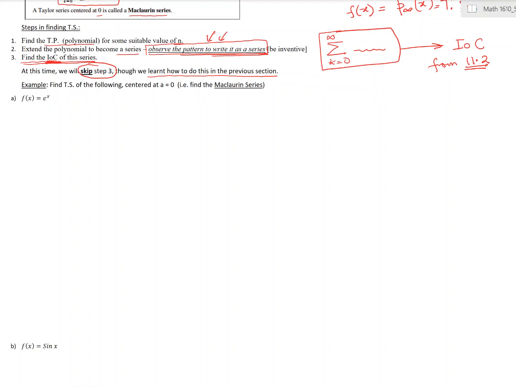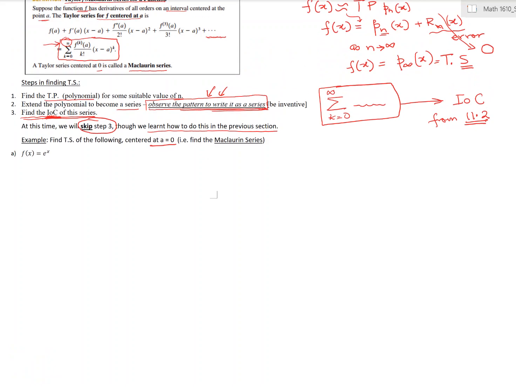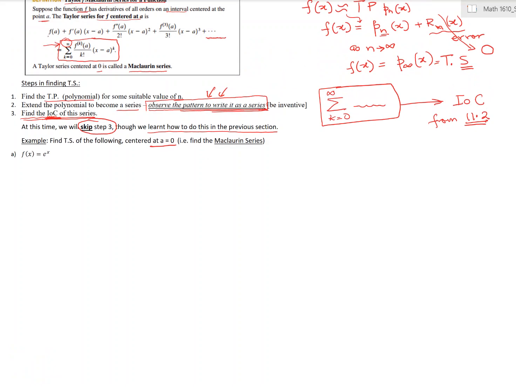So let's find a Taylor series centered at 0, which means basically we're going to find the Maclaurin series for e raised to the power x. So again, quickly remind you, to be able to write this, all I need are the f of a, f prime, f double prime, f third prime, and so on. So my function is e raised to the power x, and I have to find it at x equals a, which is 0.